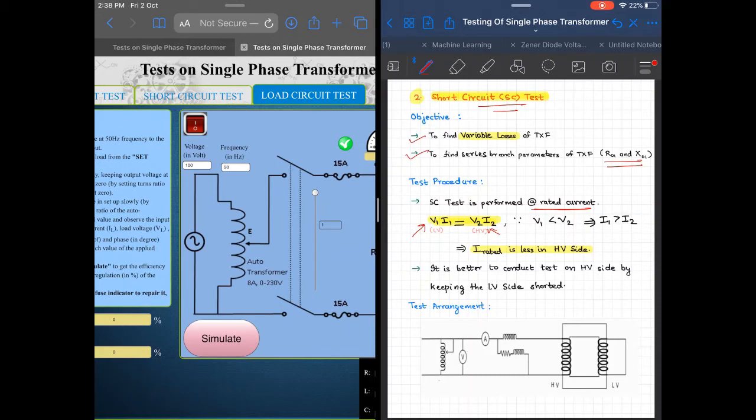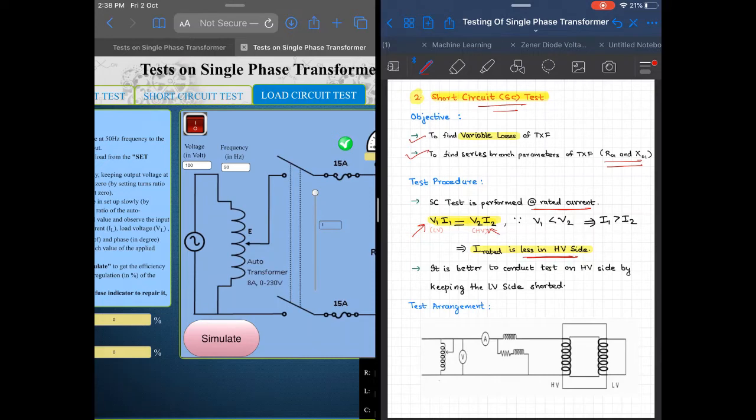Since V1 is less than V2, therefore I1 will be greater than I2. So the rated current will be higher on the low voltage side and lesser on the high voltage side. Now since we need to conduct the test at the rated current, it is better to conduct the test on the high voltage side since the rated current requirement is lesser.